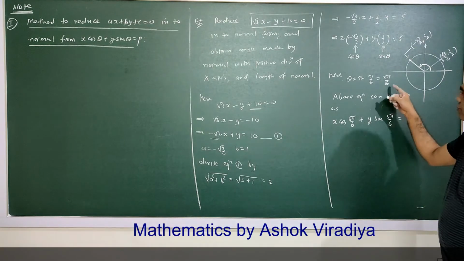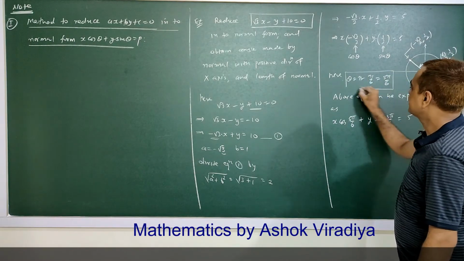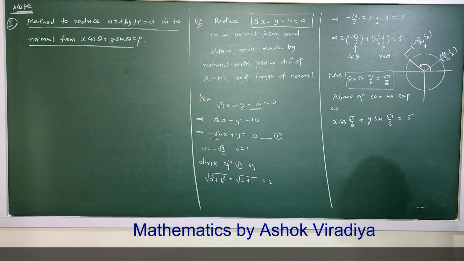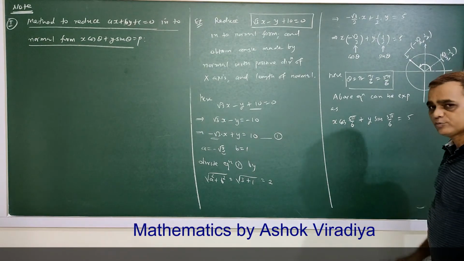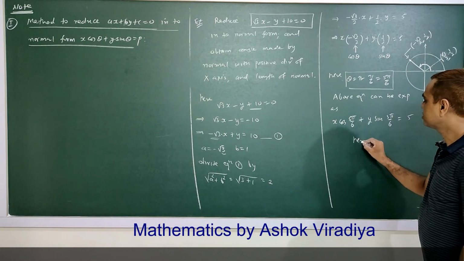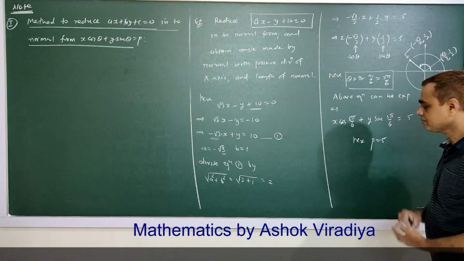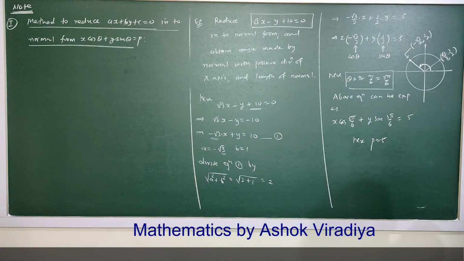So theta is 5 pi by 6, that is the angle made by the normal with the positive x-axis, and P is 5. What is the meaning of this answer?